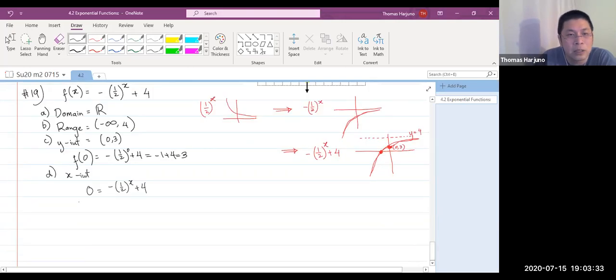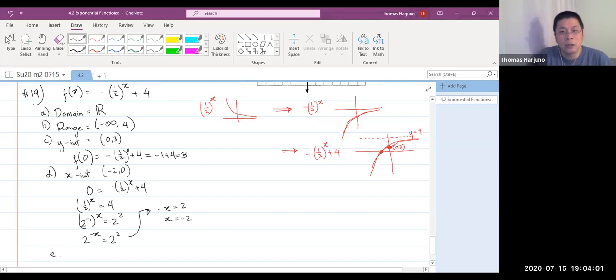This is 1/2 to the x equals 4. Now 1/2 is 2 to the negative 1, and 4 is 2 squared. So 2 to the negative x equals 2 squared. It means negative x equals 2. x is negative 2. So the x-intercept is (-2, 0).